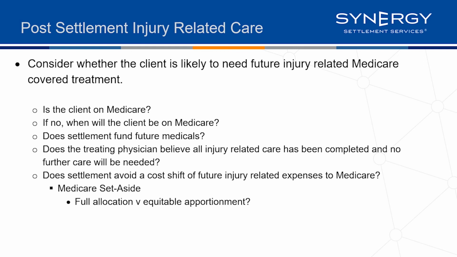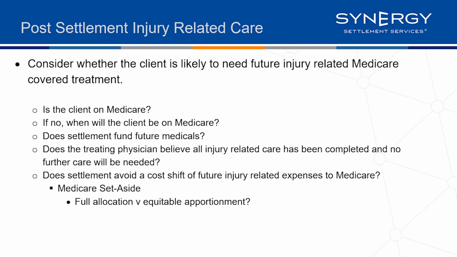If it is a situation where the settlement will fund future medicals and future medicals were contemplated in negotiating the settlement, you should then turn to an analysis of whether there's actually any injury-related care that is covered by Medicare and if it is going to be shifted to Medicare once the case settles.